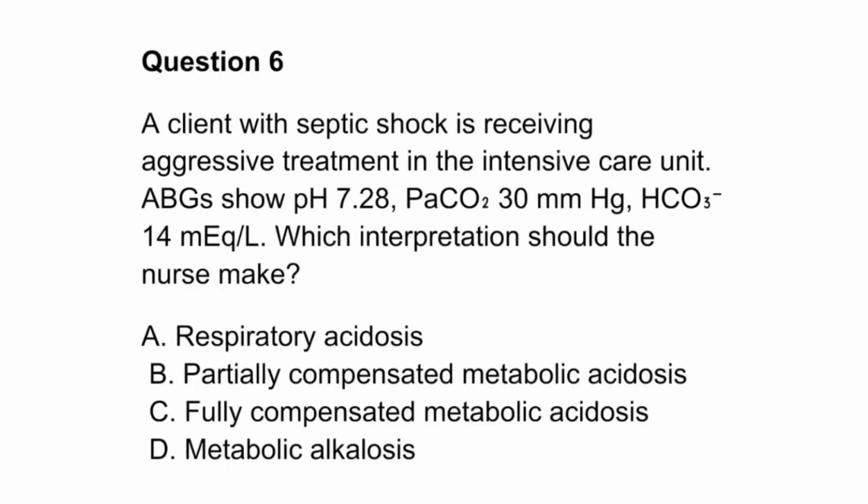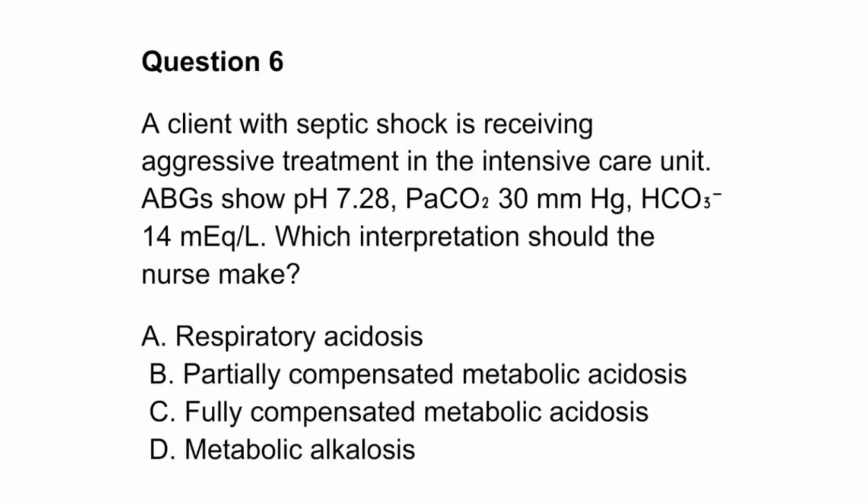Question 6. A client with septic shock is receiving aggressive treatment in the intensive care unit. ABGs show pH 7.28, PaCO2 30 mm of mercury, HCO3 14 milliequivalents/L. Which interpretation should the nurse make? A. Respiratory acidosis. B. Partially compensated metabolic acidosis.